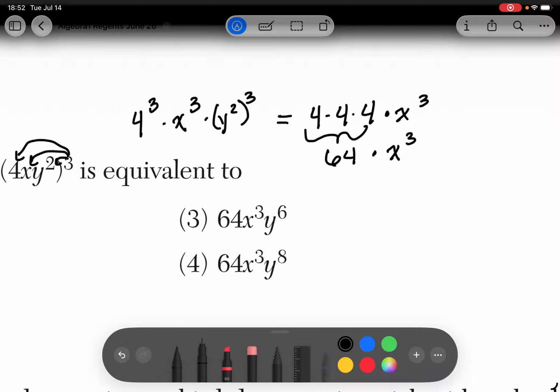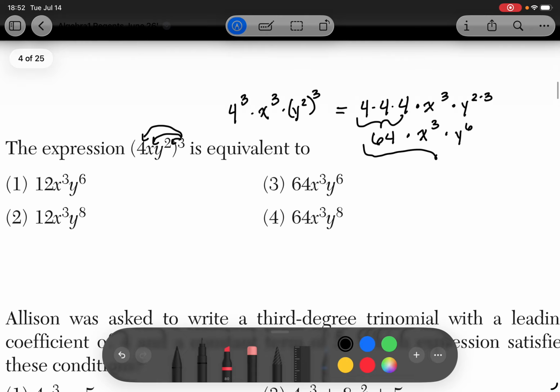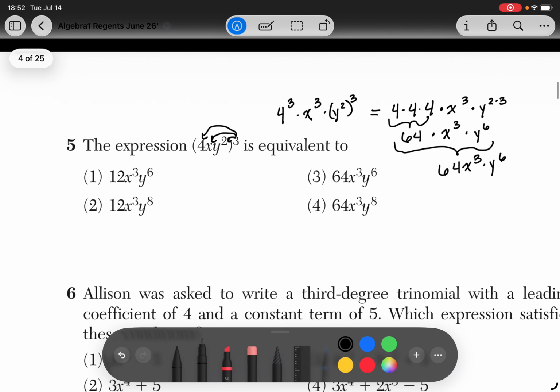So we're going to do y squared and then multiply that 2 by the 3. So it's basically just y raised to the power of 2 times 3, which simplifies to y raised to the power of 6. So this all simplifies down to 64x cubed times y to the power of 6, which will leave us with 3 as our correct answer.